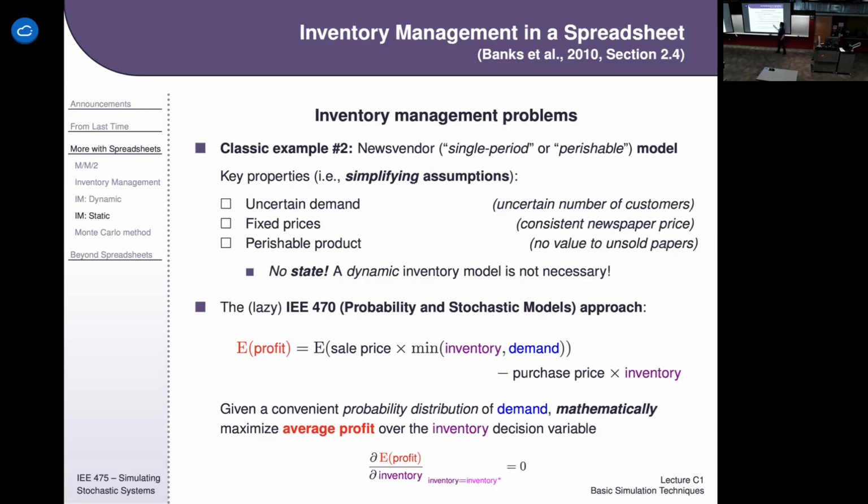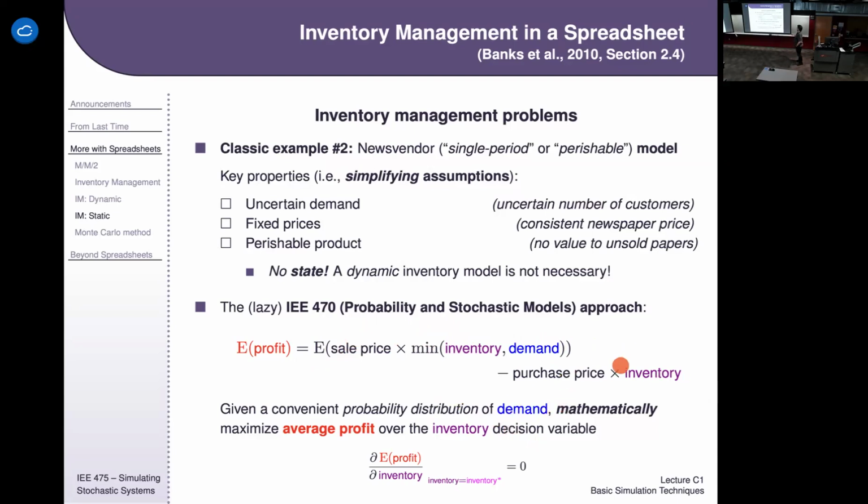For relatively simple demand distributions like normal distributions, you can actually solve for this. You can plug this in, and the expectation turns into just a number. You can mathematically solve with paper for this expectation, given the normal distribution, and all the rest of these are just deterministic values.